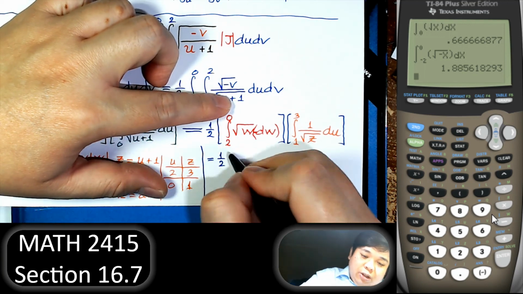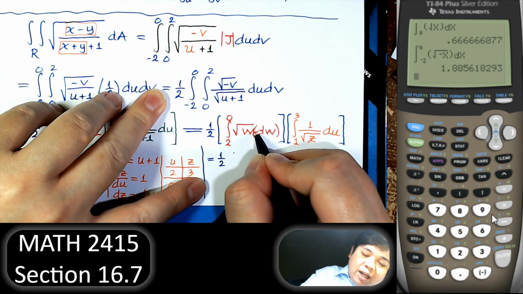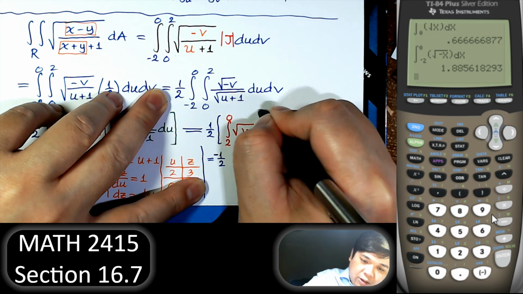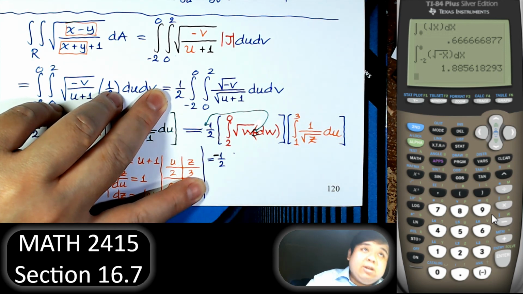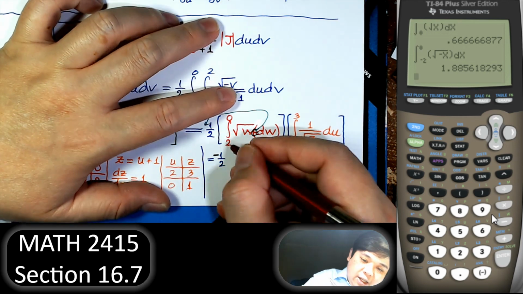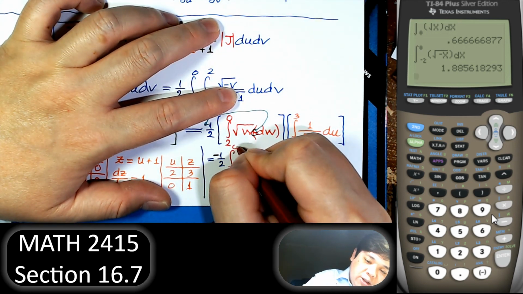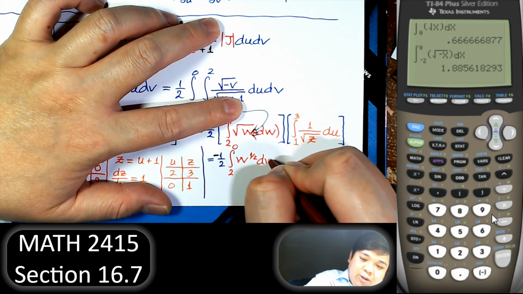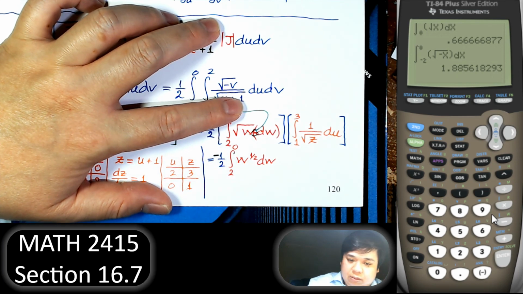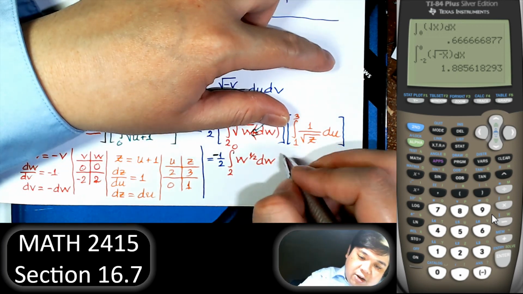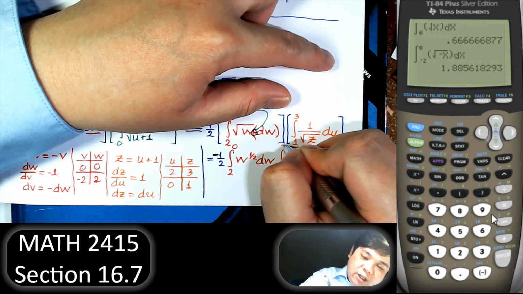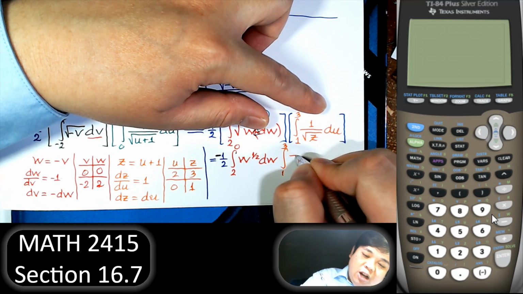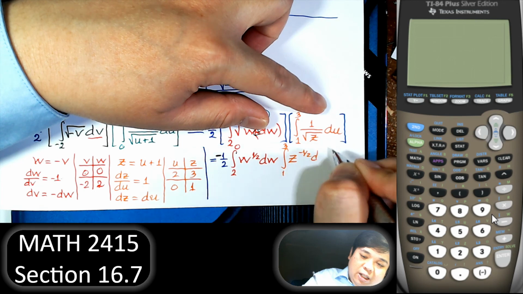Right, now, by the way, let's move the negative in front. And now the integral from 2 to 0 of w to the 1/2 dw, and the other integral from 1 to 3. At the bottom z to the 1/2, move to the top, z to negative 1/2 dz.